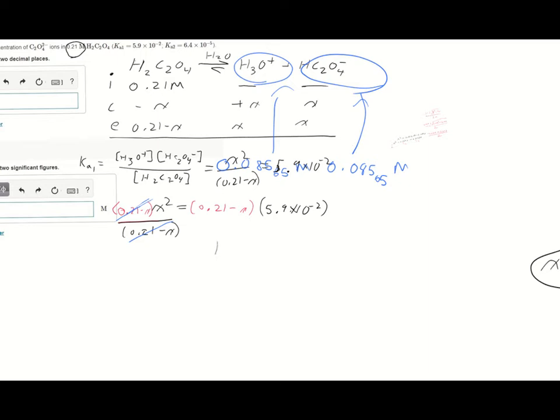Our second ice chart is going to take that amphoteric monohydrogen oxalate ion, react it with water, and yield our hydrogen ion again.